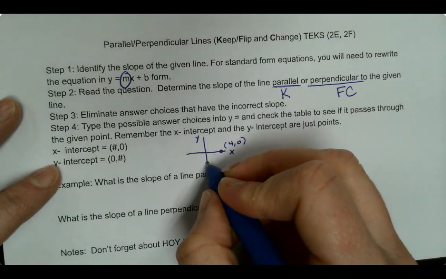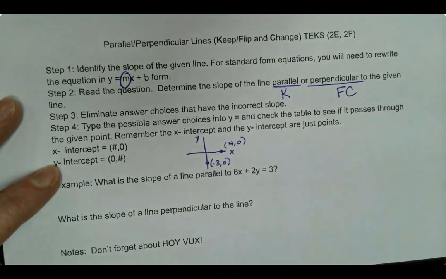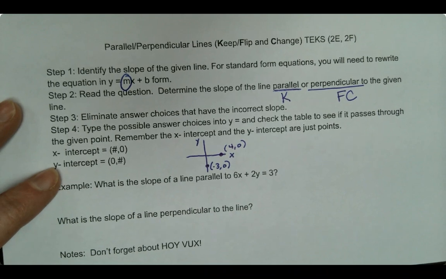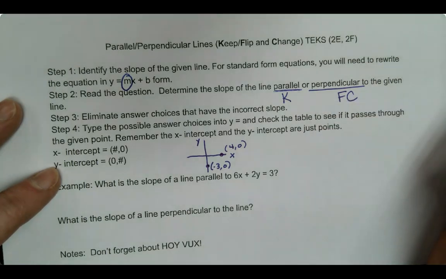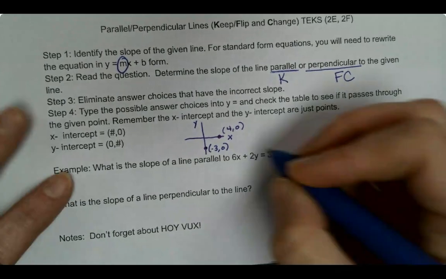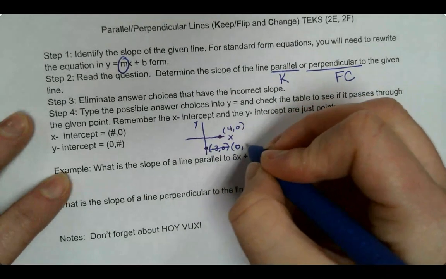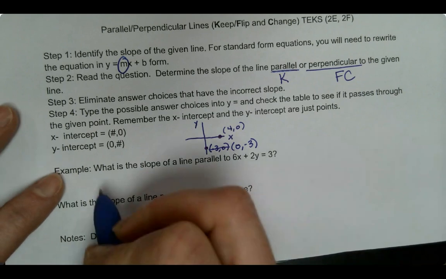So let's say it goes right here, negative 3, 0. We just need to remember what your x and y-axis look like so you can actually look at the graph. Oh, no, this would be 0, -3. Sorry about that.